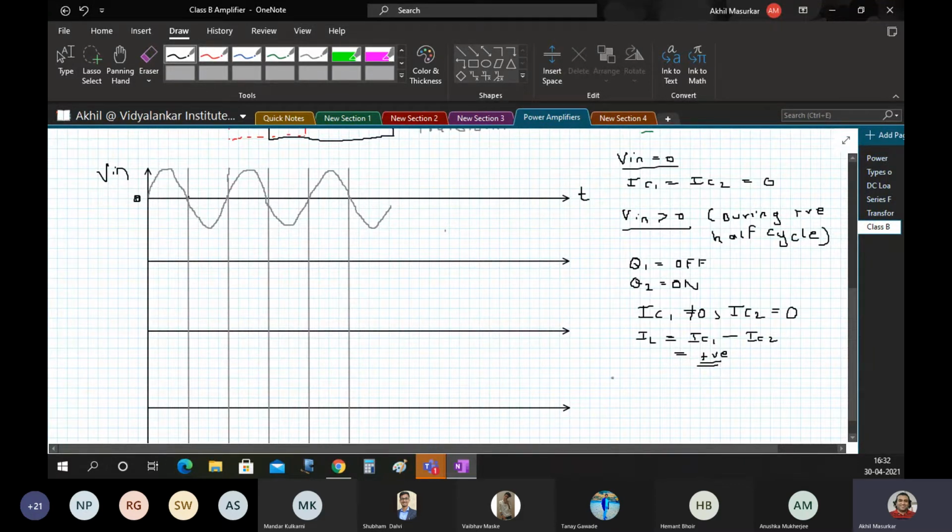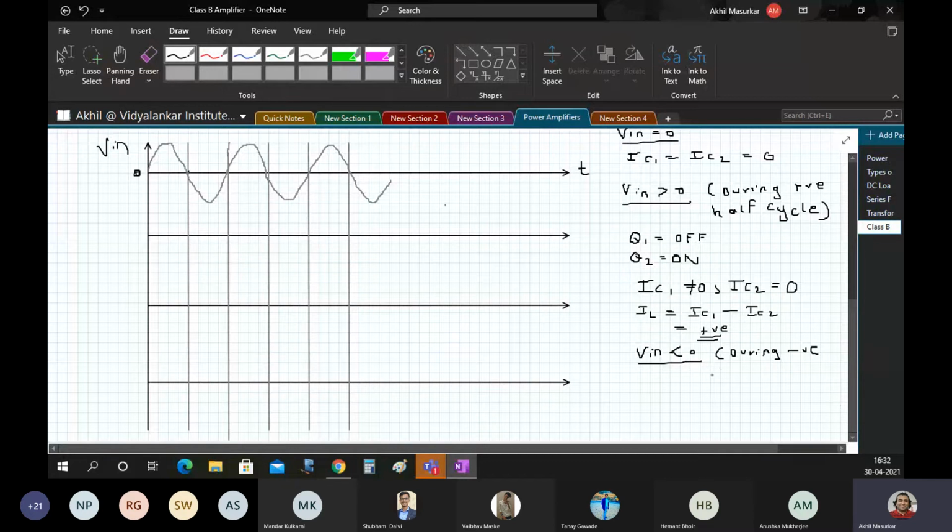In a similar way, during negative half cycle, when V in is less than 0, I will write here during negative half cycle, Q1 will be off and Q2 will be on.